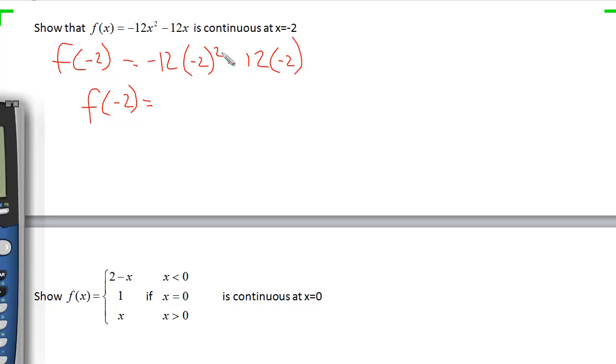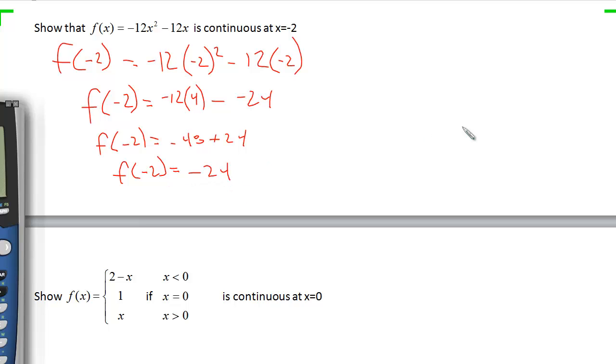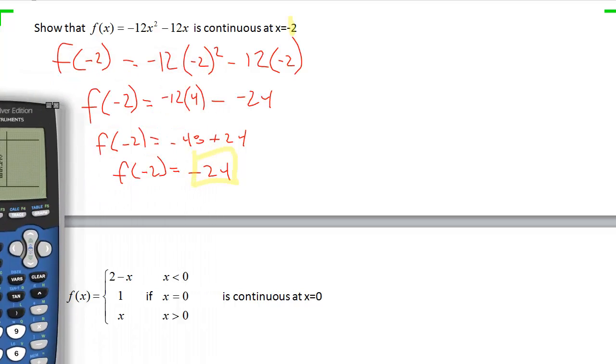Negative 2 squared, minus 12 times negative 2, negative 12 times 4, and then minus a negative, so that's plus 24. So negative 24. So when I plug this in, I get this out. First step, the point does exist, so that's been checked.